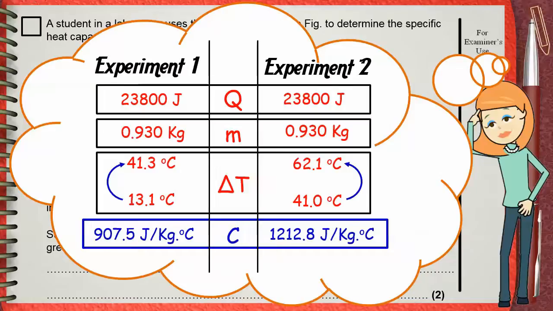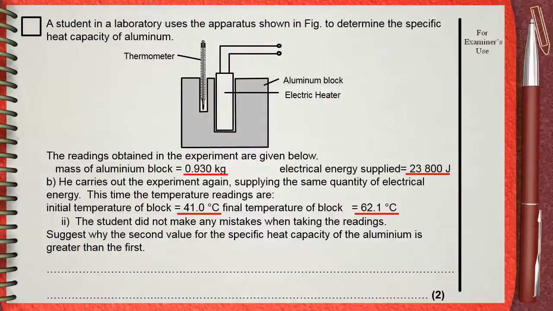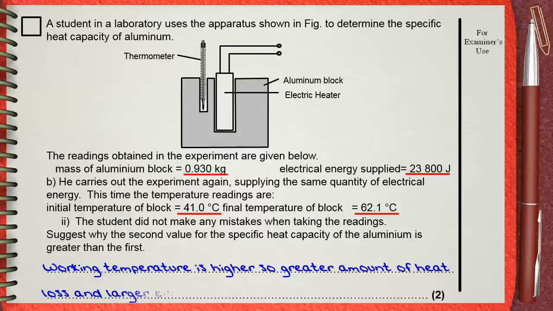So the amount of heat loss in experiment 2 is greater than in experiment 1. This larger amount of heat loss causes a larger error in the experiment. So the final result has a greater amount of error. So we say that the working temperature is higher, so greater amount of heat loss and larger error.